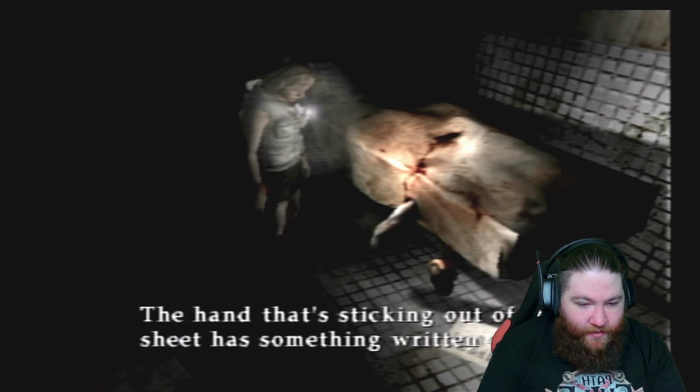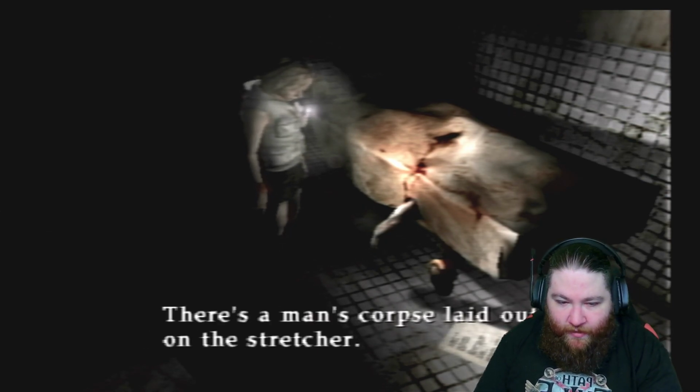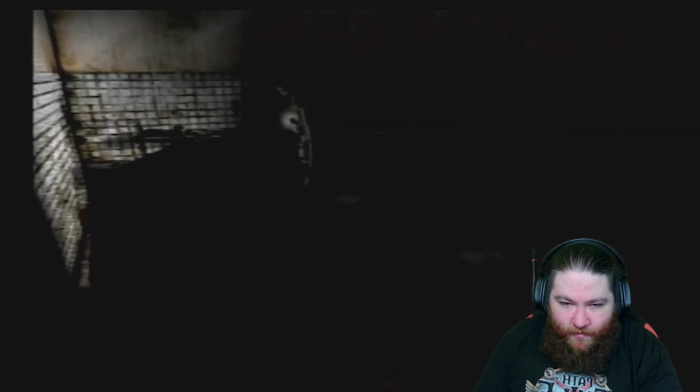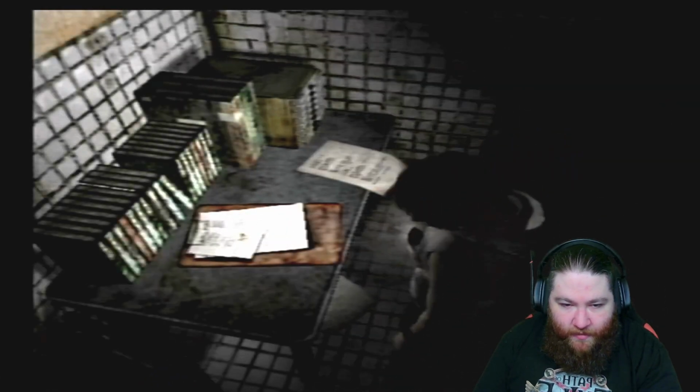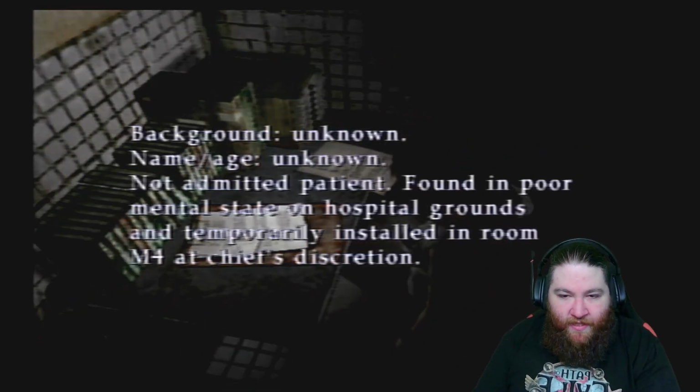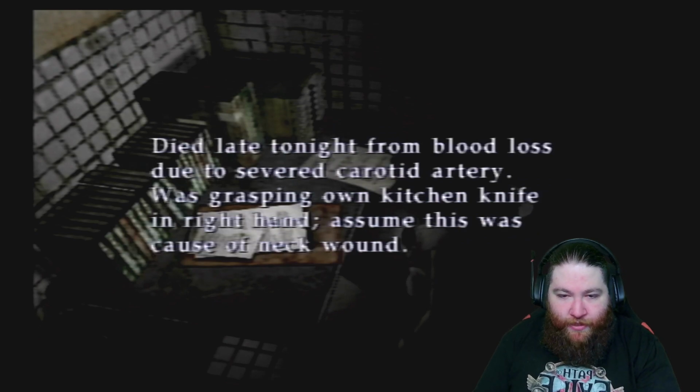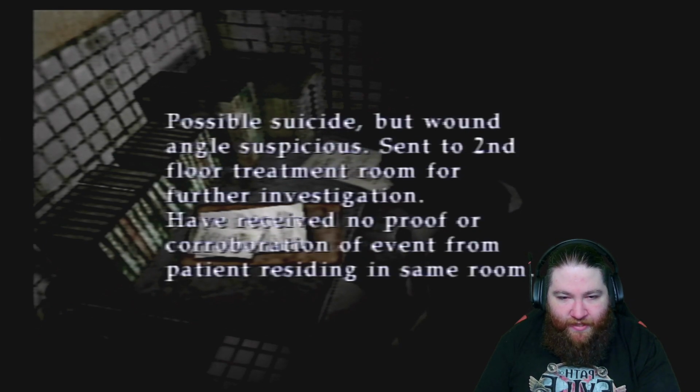Man's corpse laid out on a stretcher. Hand sticking out of the sheet, something written on it. What am I... Medical record, is this for the dead guy? Background unknown, name and age. Admitted found in poor mental state in the hospital grounds and temporarily installed in room M4 at chief's discretion. Died late tonight from blood loss due to severed carotid artery. Was grasping own kitchen knife in right hand. Assumed it was caused with a neck wound. But the wound angle suspicious.